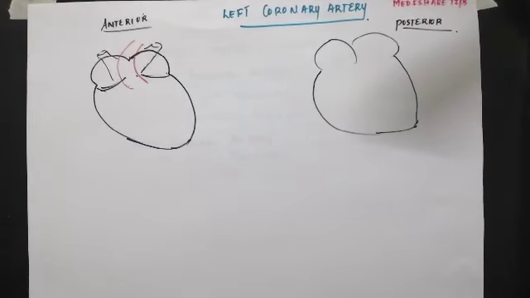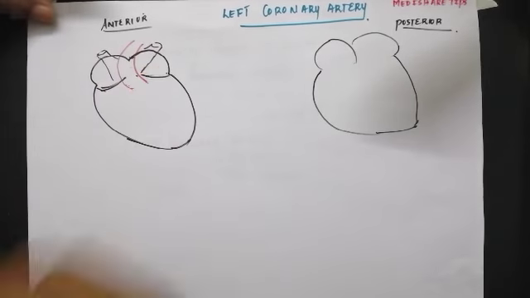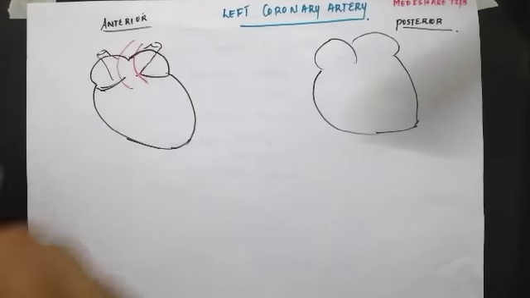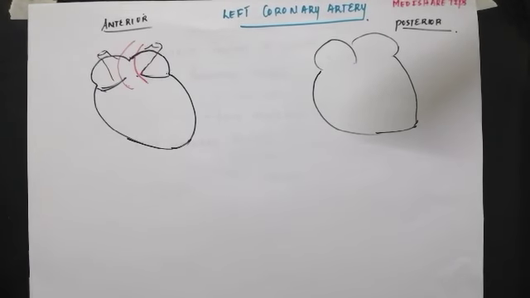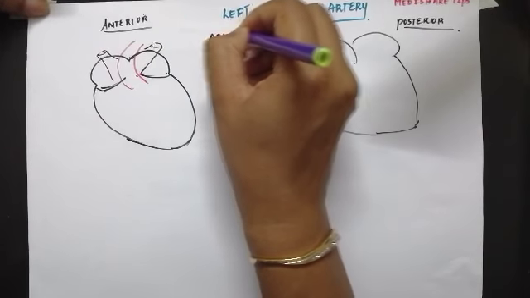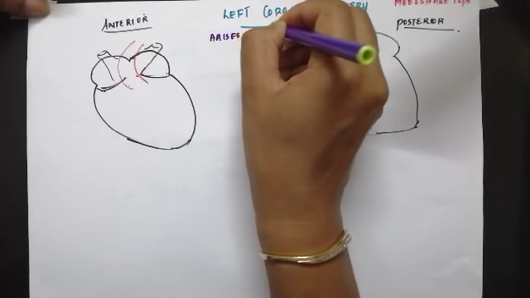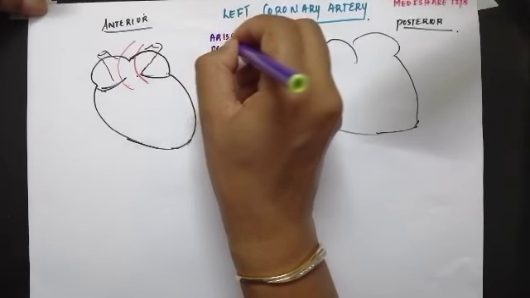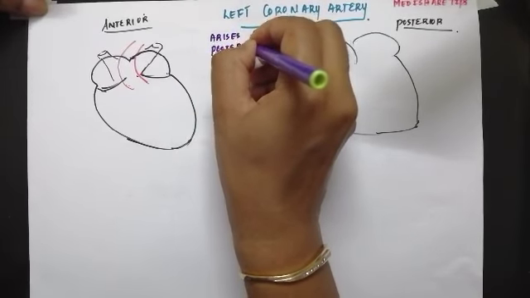So the left coronary artery arises from the left posterior aortic sinus of the ascending aorta.